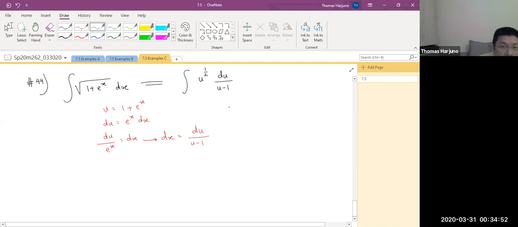Let me do this substitution first. Let's say y equals u to the power of 1 half. So y squared equals u. So 2y dy equals du.